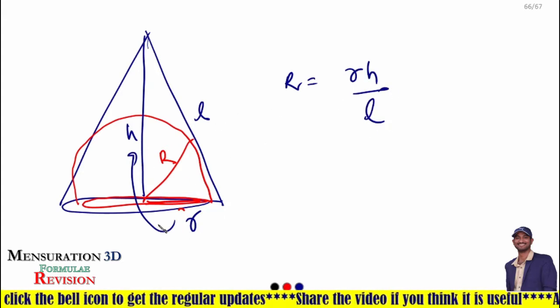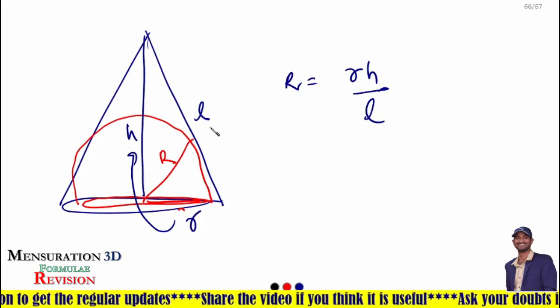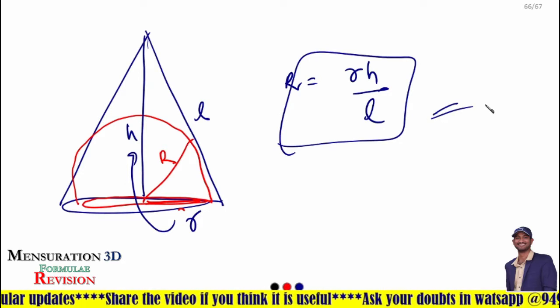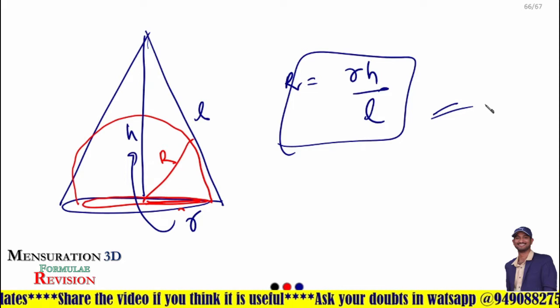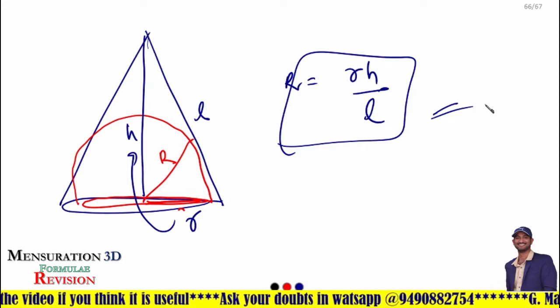If it is a sphere, then r h by l plus r. If it is a hemisphere, then the radius of the hemisphere is r h by l. That's it. Is it clear? So these are the formulas important for your exam in hemispheres and spheres.